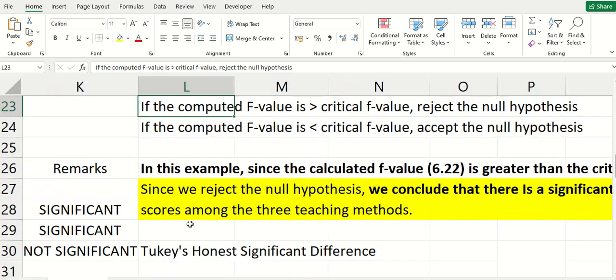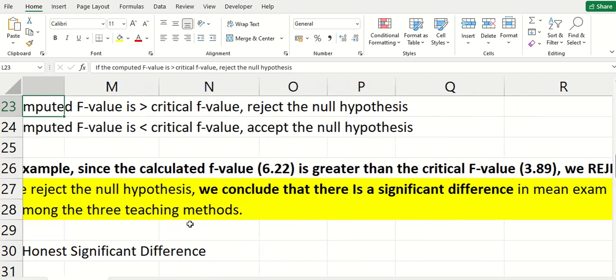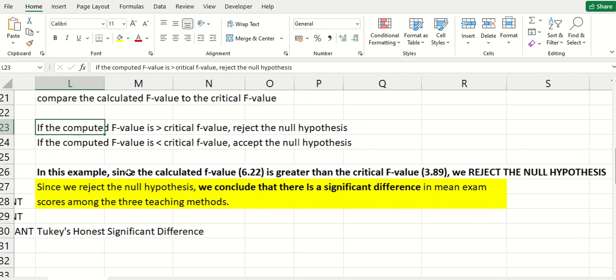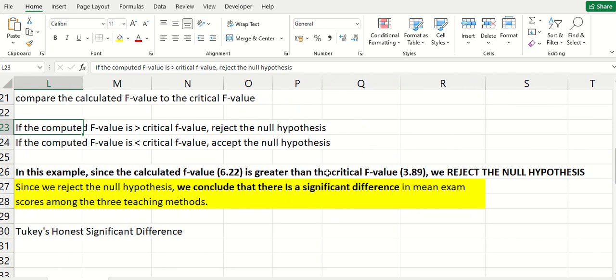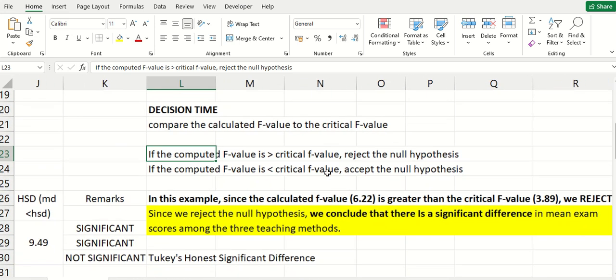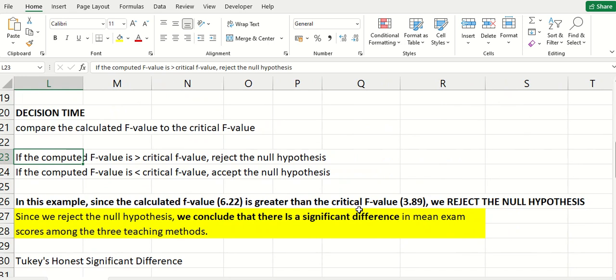Now, in short, in our example, since we have the calculated F value, which is 6.22, and it's greater than our critical value that we found from the F stat table, 3.89, what is our decision?